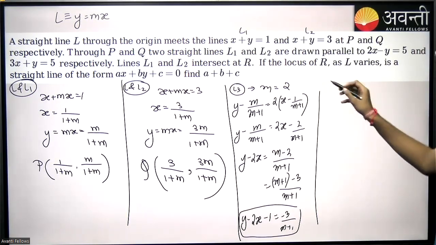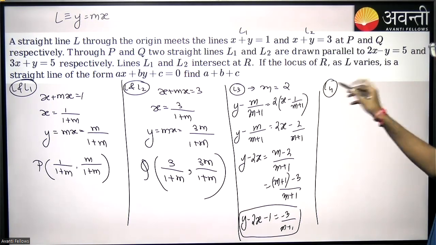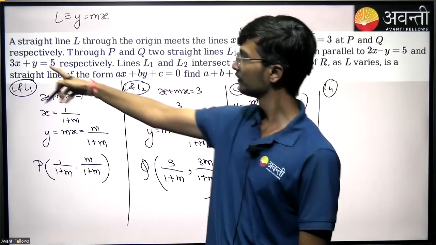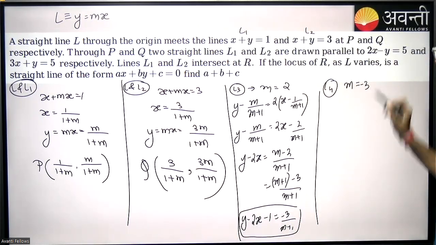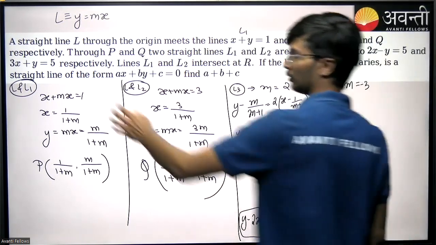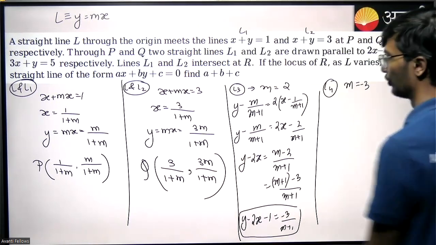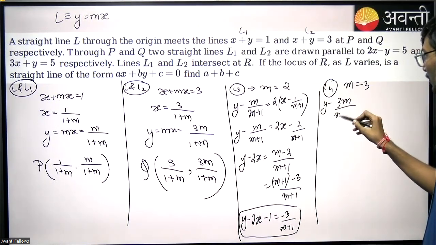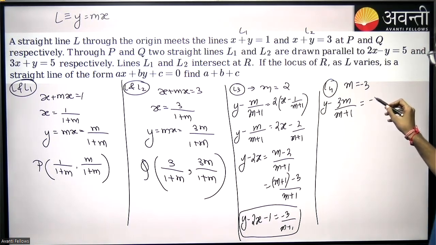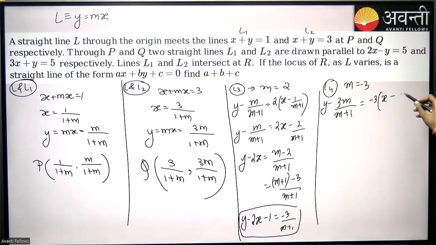And similarly for L4, L4 is parallel to this line. So the slope of L4 will be equal to minus 3, correct? It is parallel to this line and passes through Q. So y minus 3m upon m plus 1 is equal to minus 3 times x minus 3 upon m plus 1.